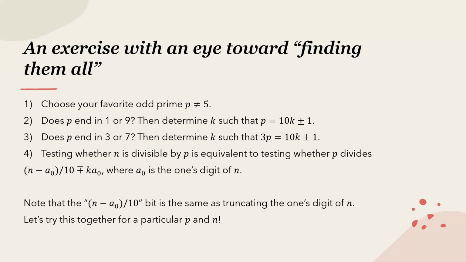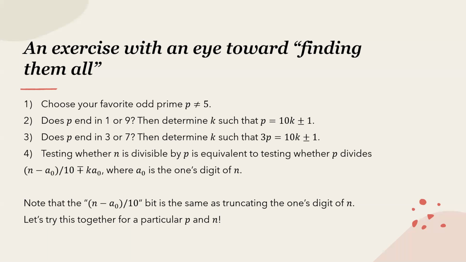If it was 10K minus 1, then I will add K times the last digit. If it was 10K plus 1, then I will subtract K times the one digit. So I basically do the opposite: if it's plus 1, I subtract; if it's minus 1, I add. And that K right there is the key.